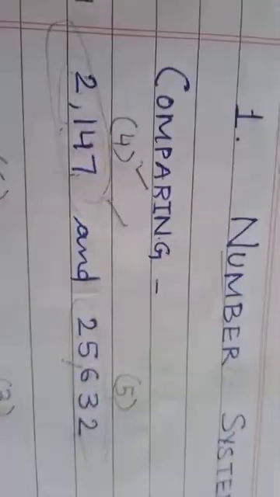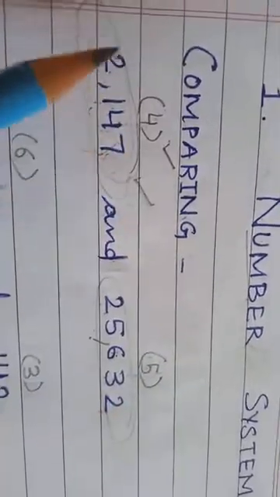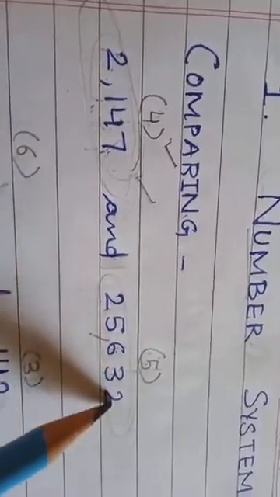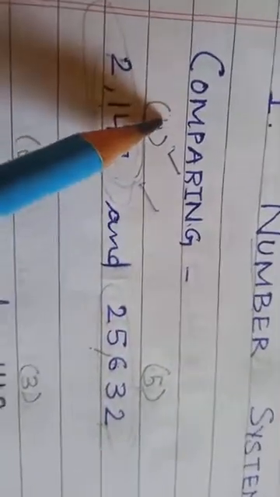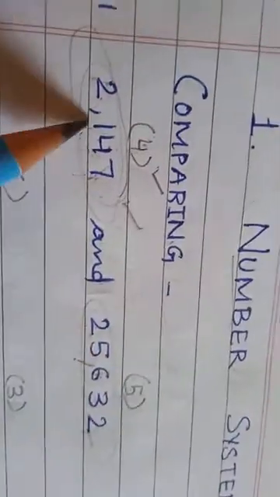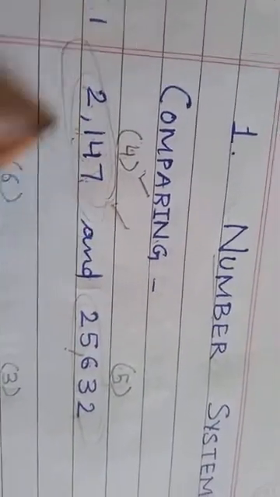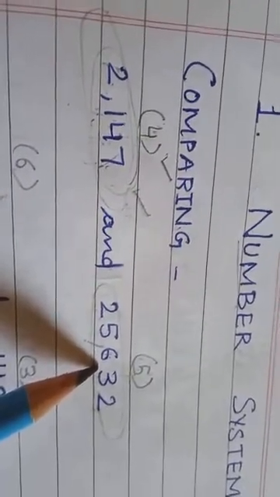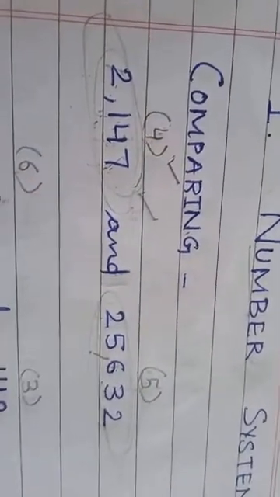Since the number of digits here is less than the number of digits here, we say that 2147 is less than 25,632. Why? Because 4 is less than 5. The number of digits here is lesser, so this number is lesser, and the number of digits here is greater, so this number is greater.